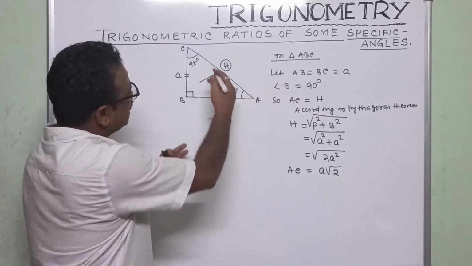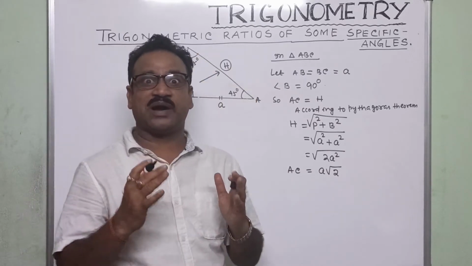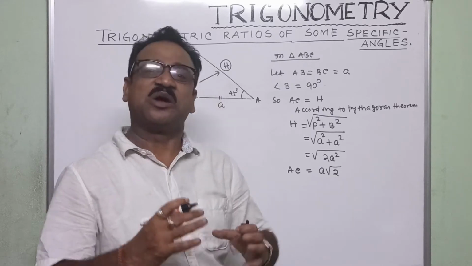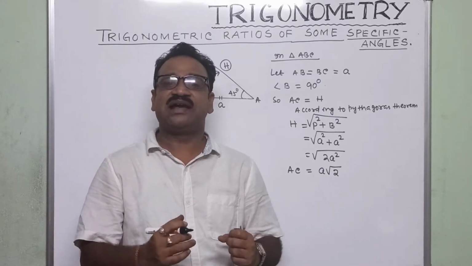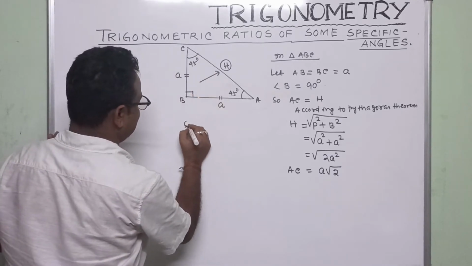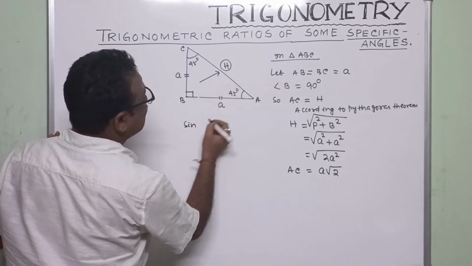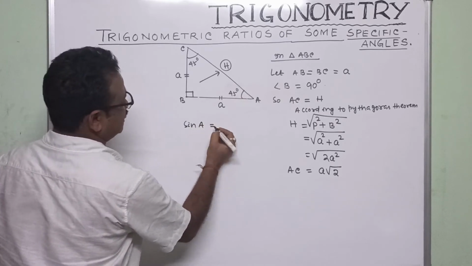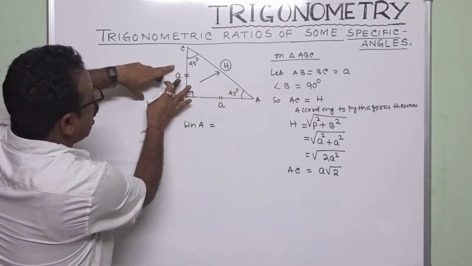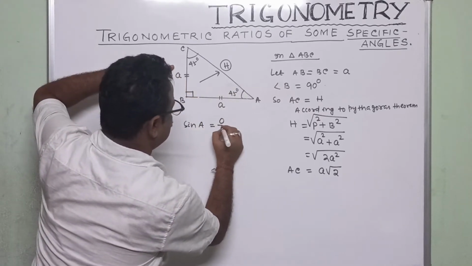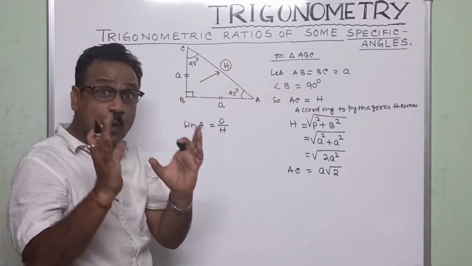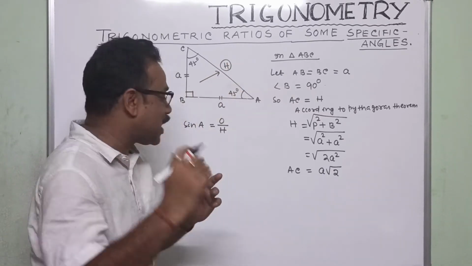Now from this triangle we have to find sin 45, cos 45, tan 45, cot 45, sec 45 and cosec 45. Let us see sin 45 degree. Sin A is opposite by hypotenuse, you know, SOHCAHTOA, I am recalling SOHCAHTOA.